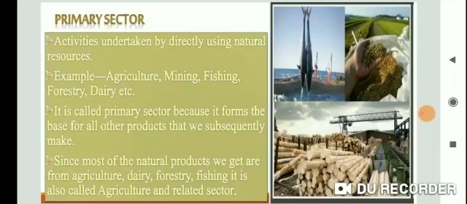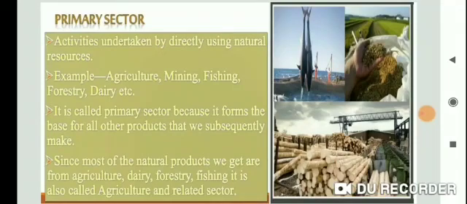Students, to repeat: primary activities are directly dependent on the environment, as these refer to utilization of earth resources such as land, water, vegetation, building material and minerals.